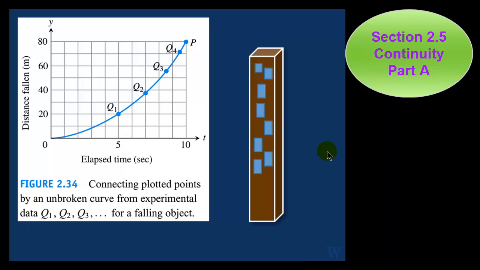So suppose we drop an object from a height of 80 meters and we measure the elapsed time it takes for this ball to reach the ground, and we collect those measurements only at Q1, Q2, Q3, and Q4.